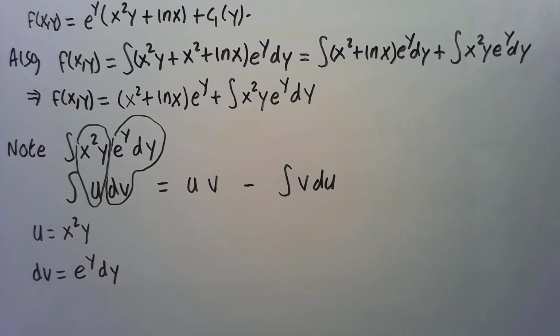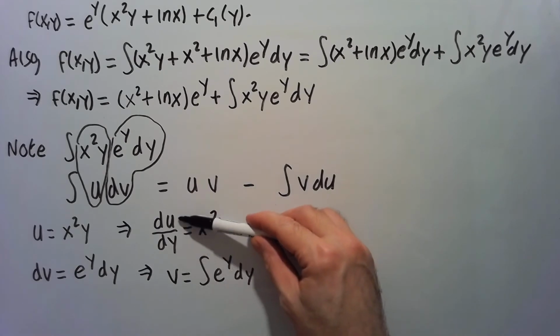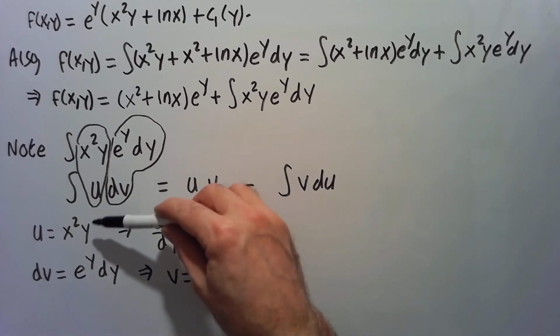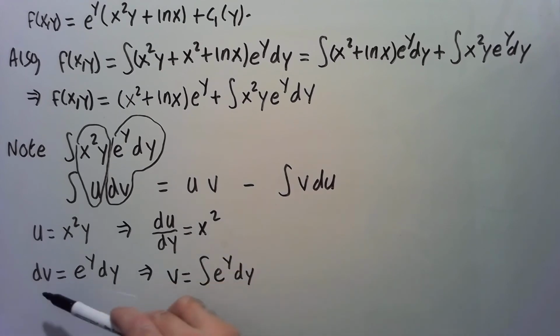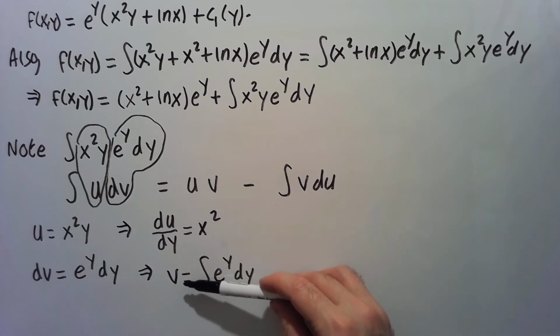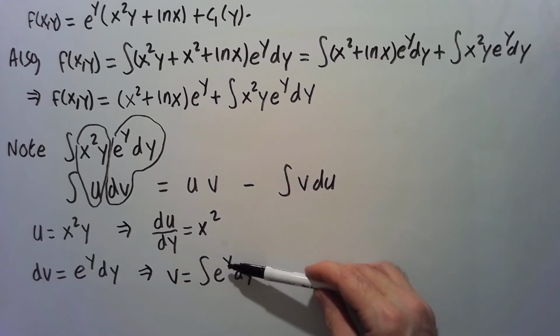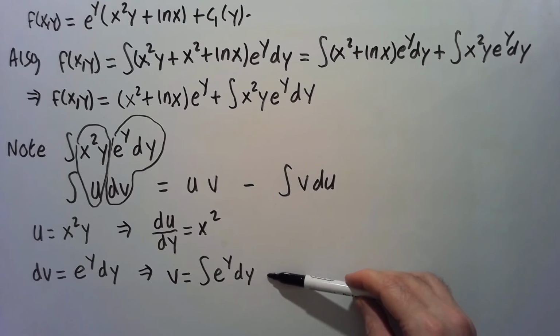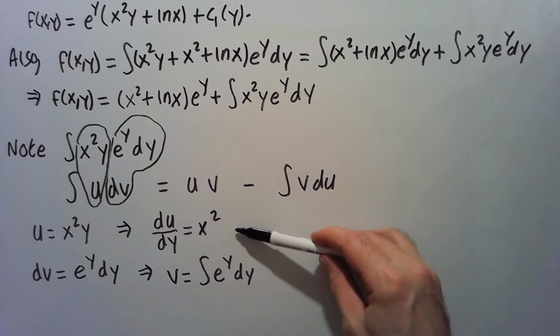So doing that we get then, our du dy would just be the derivative with respect to y, which is just x squared here. And integrating both sides here, you'll have v equals the integral of e to the y, which is going to be e to the y. It looks like du will be x squared dy, so let's write that.